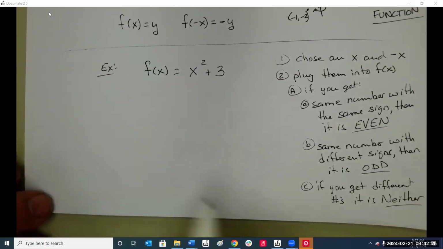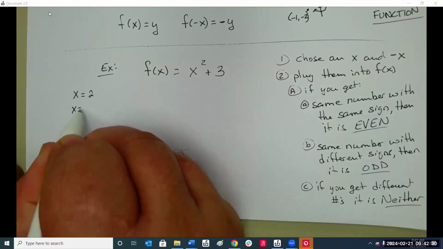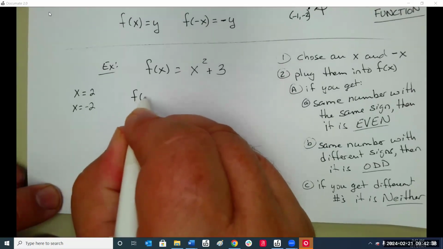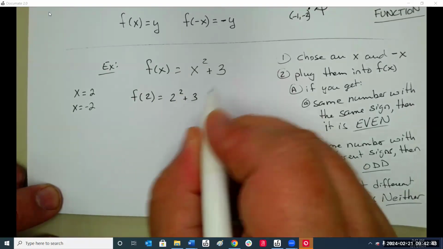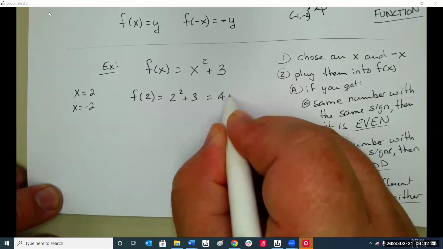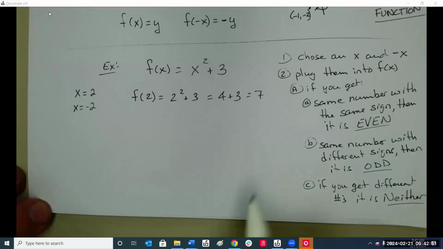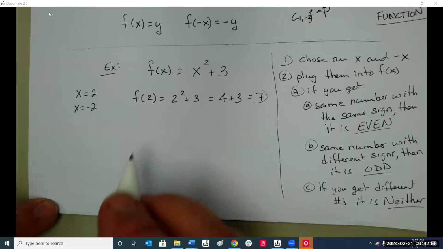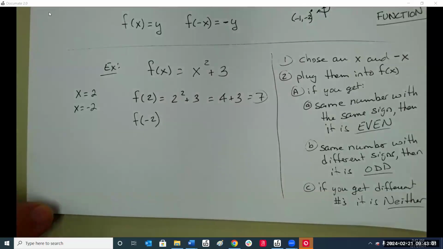Right? So let's pick a number x. Let's say 2. So we're going to look at 2 and -2. f of 2 equals 2 squared plus 3. 4 plus 3 equals 7. f of -2.